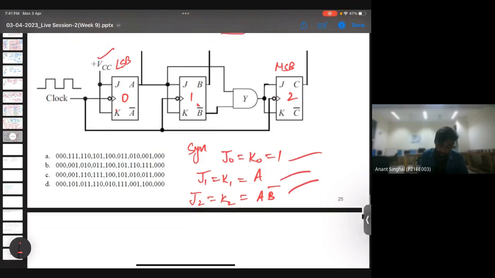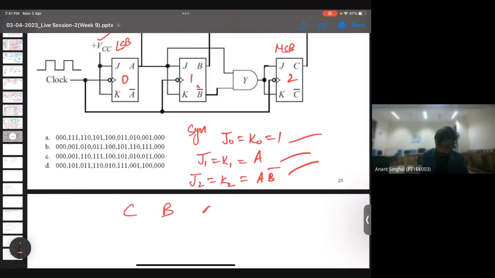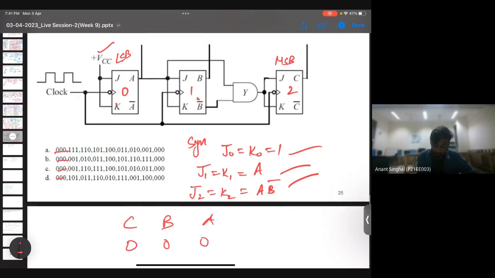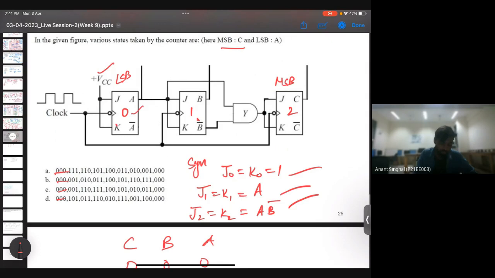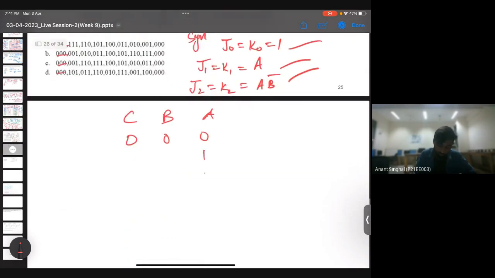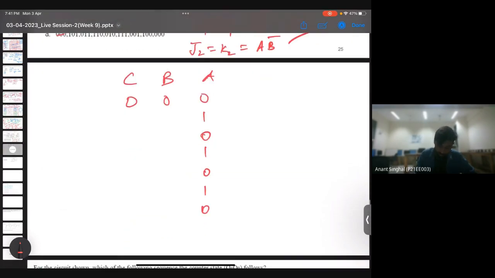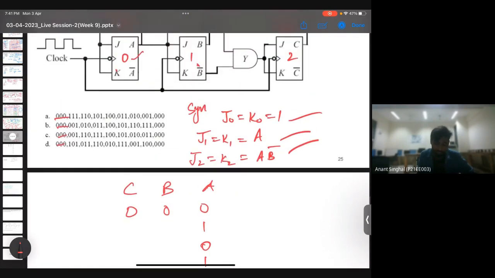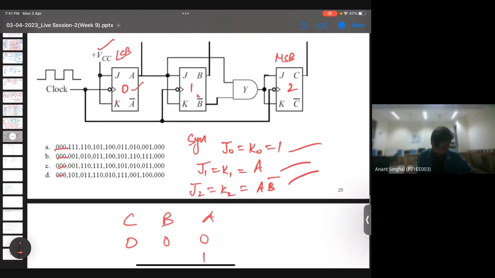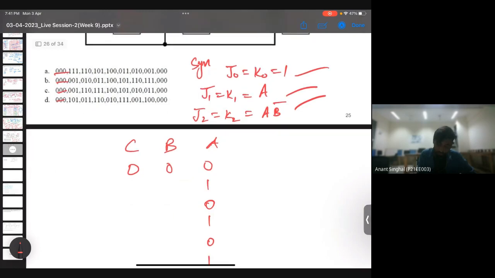So we'll again start with CBA. We'll start with 000 since all the options are starting from 000. Now we'll try to write. J0 and K0 both are 1, so A will always toggle. Let me write 0 1 0 1 0. Then B is dependent upon J1 and K1, which are A. As you can see, A is 0 in the previous state, so B will remain the same.